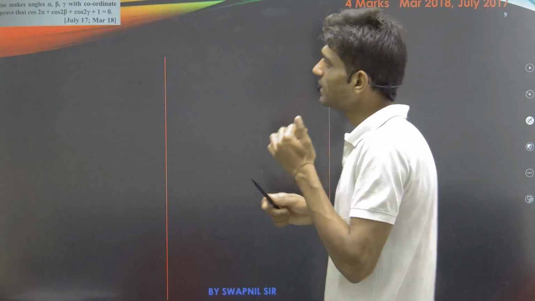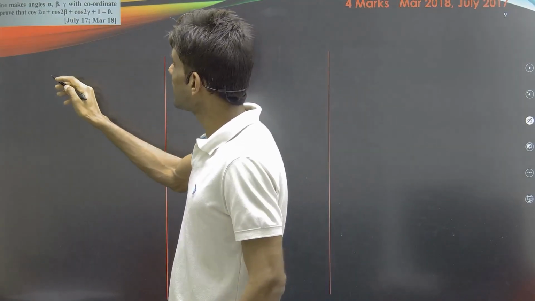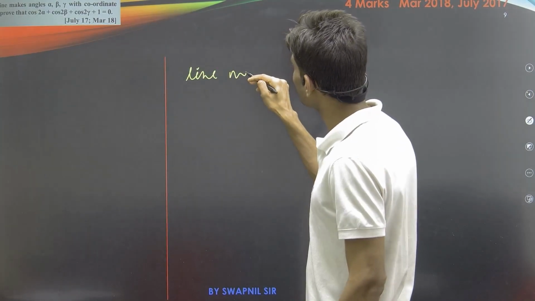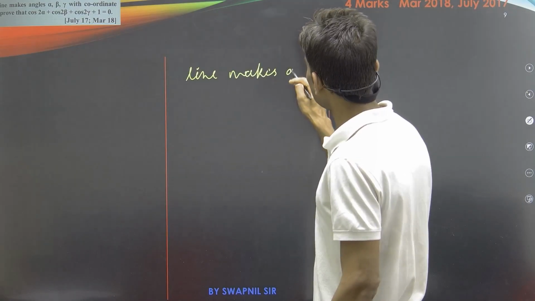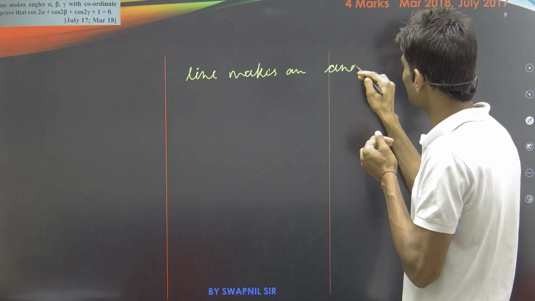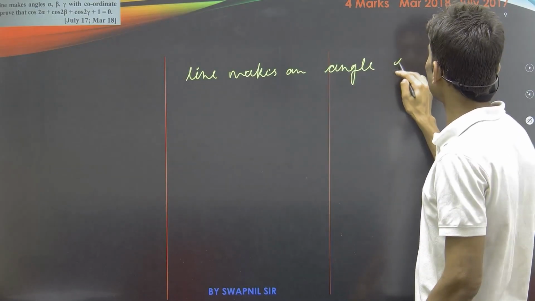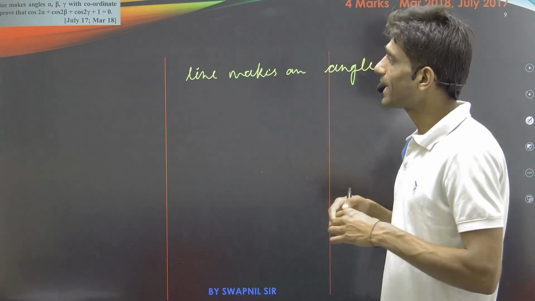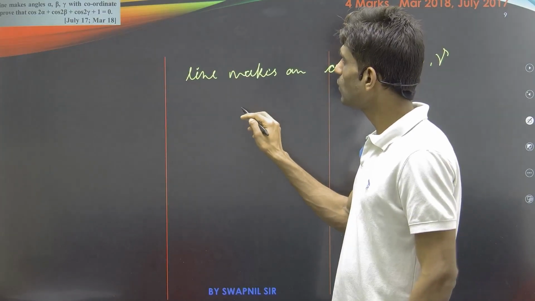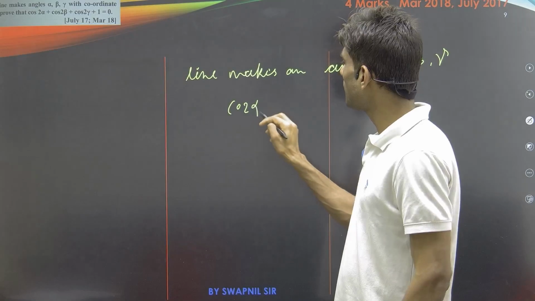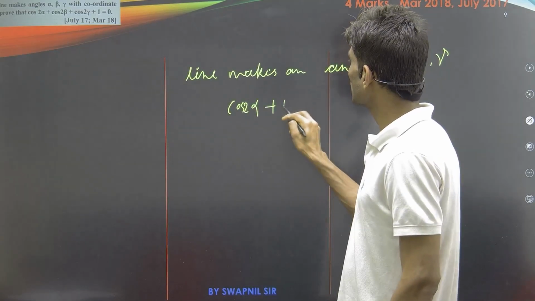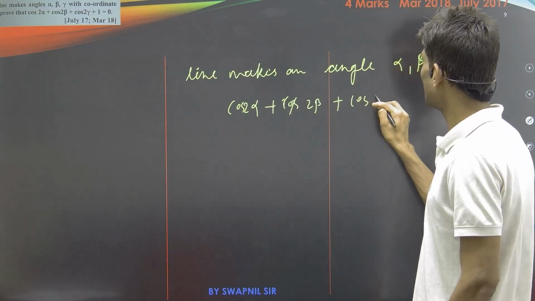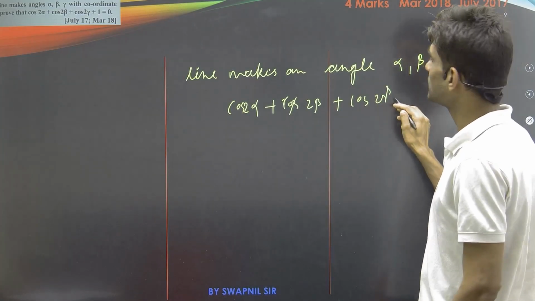Now we can see here, if a line makes angles alpha, beta and gamma with the coordinate axes, then we have to find the value of cos 2 alpha plus cos 2 beta plus cos 2 gamma plus 1, which is equal to 0.